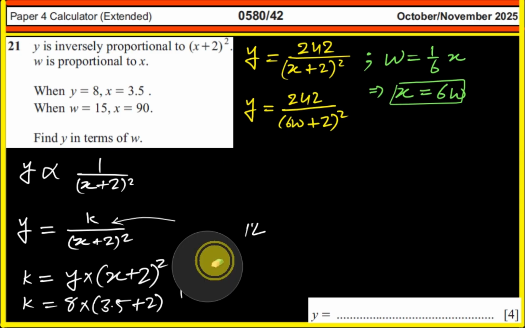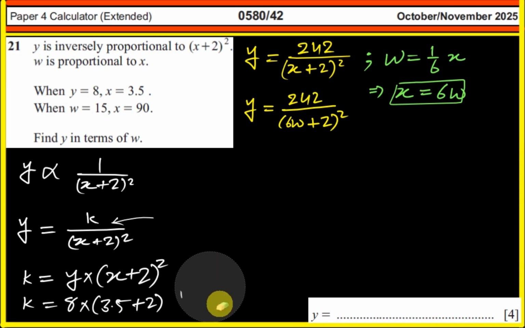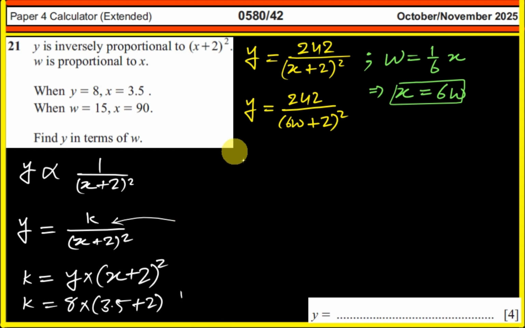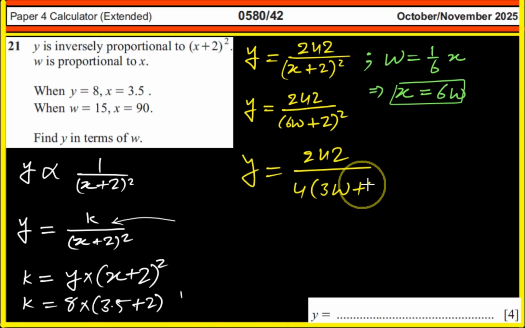And if you want to simplify it, we can simplify it like y is equal to 242, and if we take 2 common from the denominator, it is a square, so we get 2 square, which becomes 4, and what will be left here is (3w plus 1) and its whole square.